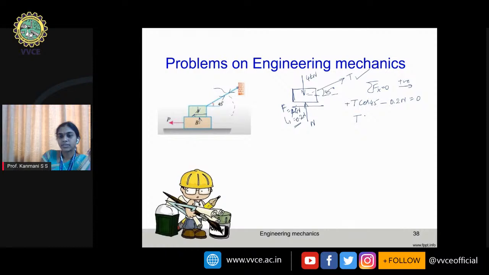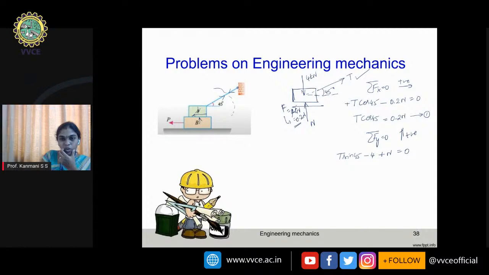Or I can call this as T cos 45 is equal to 0.2 times N. This is one of the reactions that we have to find. I will call this equation 1. Then I have summation Fy equal to 0, upward forces treated as positive, for which I will write T sine 45 minus 4 plus N equal to 0.